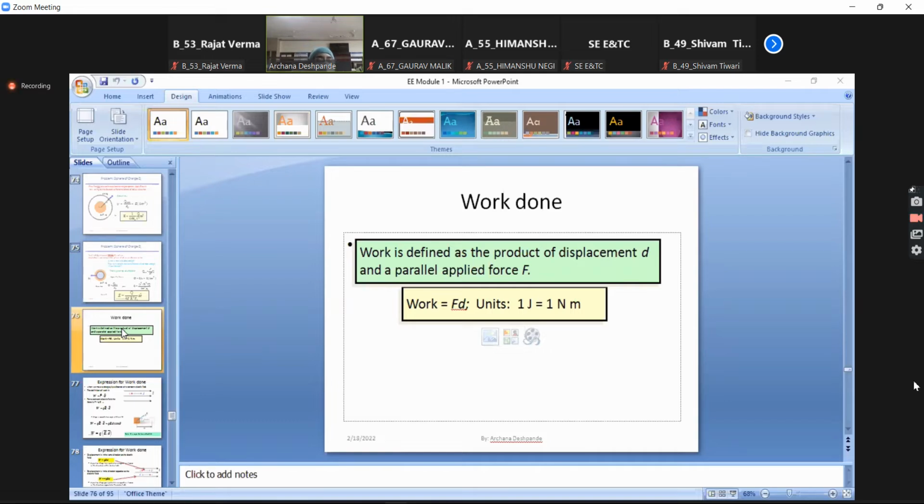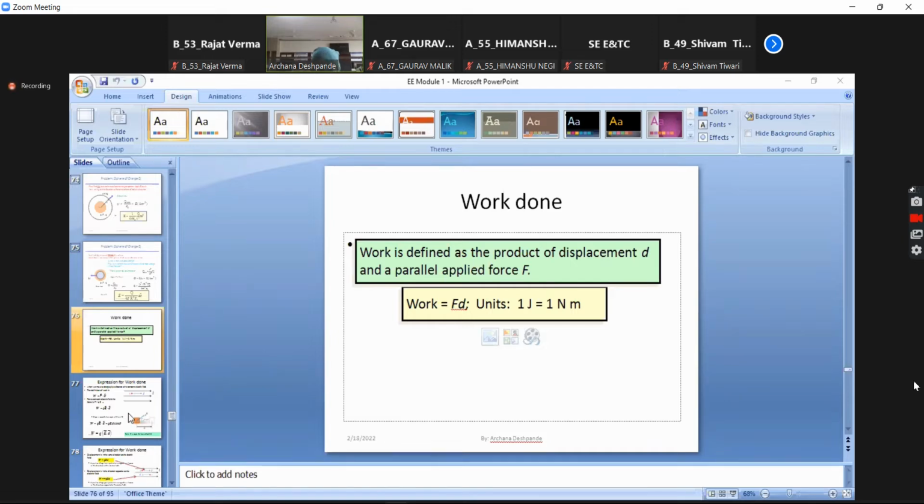So either the energy will be spent by the existing force, or the energy has to be spent by the entity who is doing that activity in order to overcome that force. Therefore, the work done is nothing but the energy which is spent.